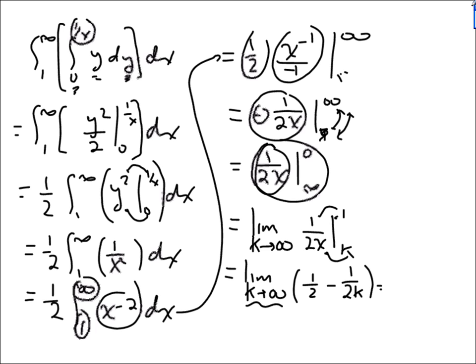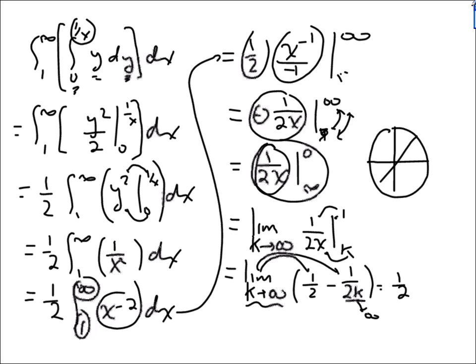As k changes, 1/2 couldn't care less. But as k goes to infinity, 1 over 2k goes to 0. The bottom goes to infinity. If you take 1 pizza pie and you keep dividing it by more and more people, more and more people want a piece of your pie.